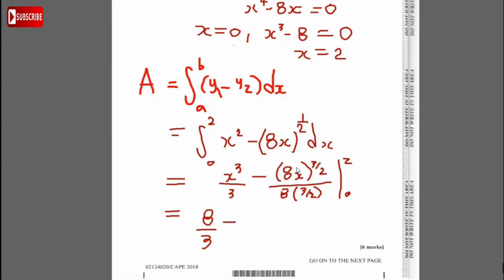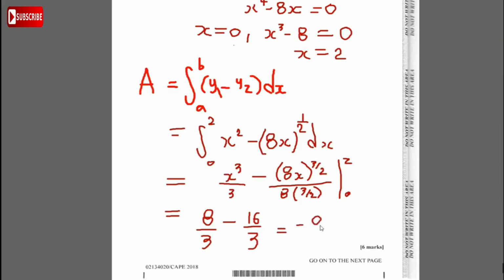So we have 16 raised to the 3 over 2, which is 64, divided by 8 times 3 over 2, and I'm getting 16 over 3. And so 8 over 3 minus 16 over 3 is minus 8 over 3.